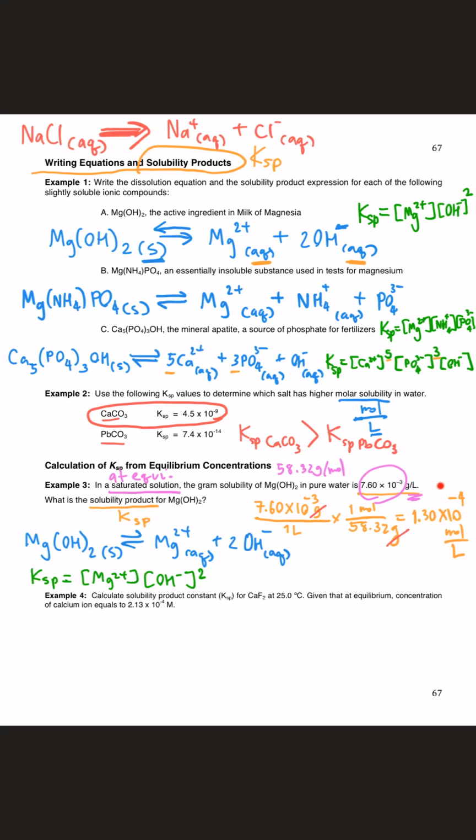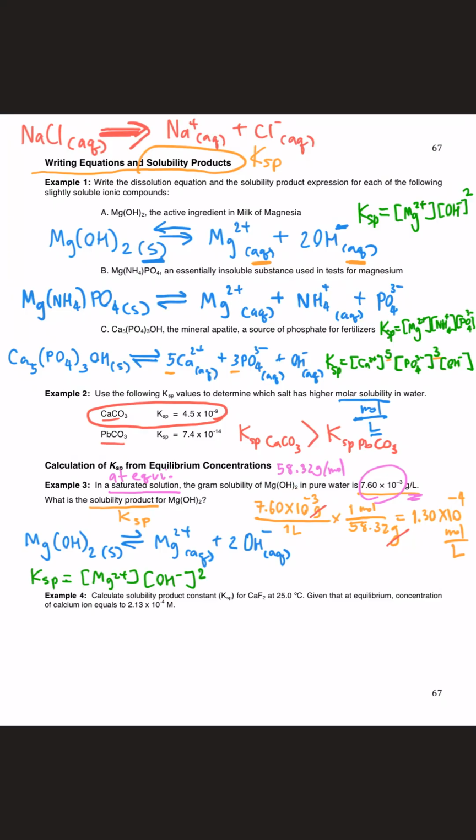This value is the amount of mole of magnesium hydroxide that can dissolve in 1 liter of the solution at equilibrium. Therefore, at equilibrium, the concentration of magnesium would be the same as the concentration of magnesium hydroxide that we just calculated. The same thing for the hydroxide ion at equilibrium, the concentration would be 2 times this that we calculated, because this is the concentration of magnesium hydroxide.